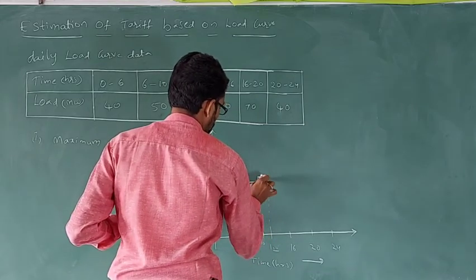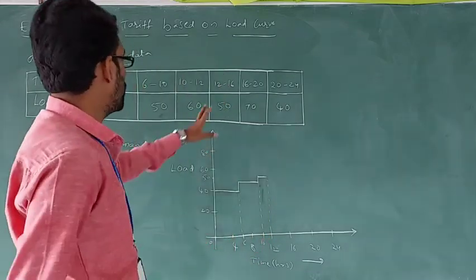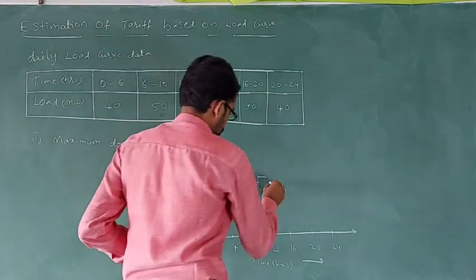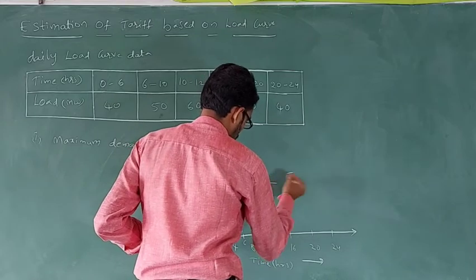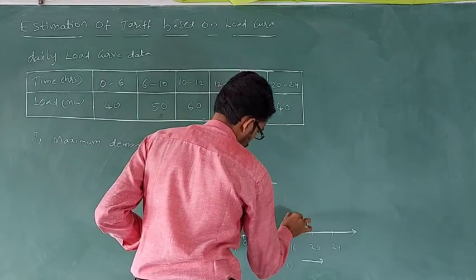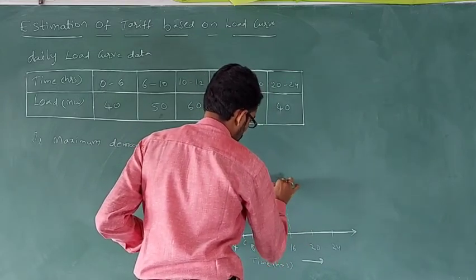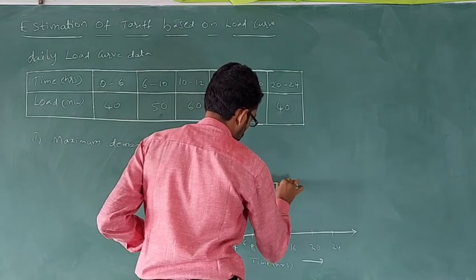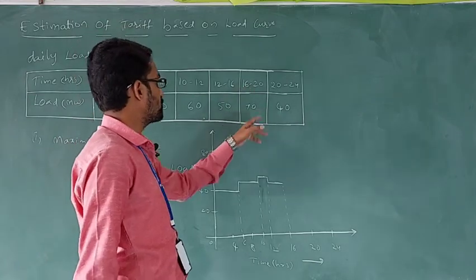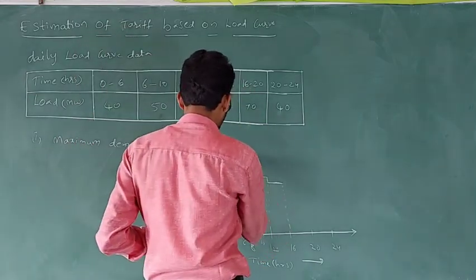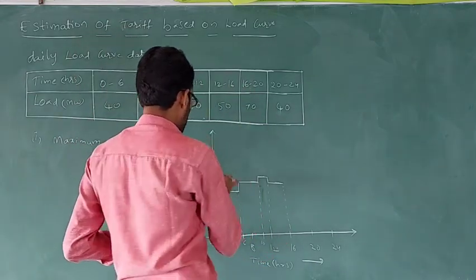Then 12 to 16 it is again 50 megawatts, and 16 to 20 it is increased to 70 megawatts.